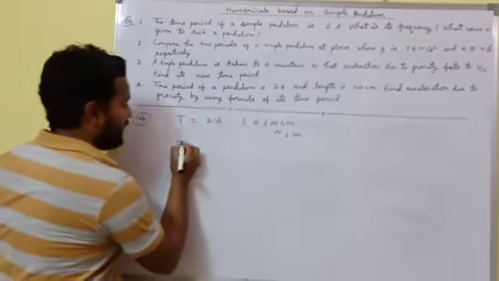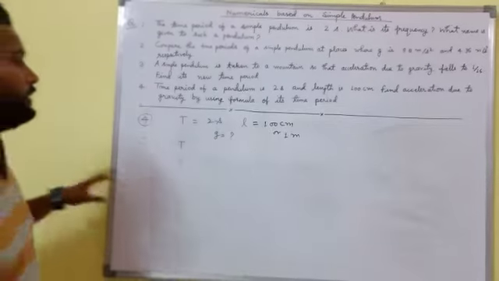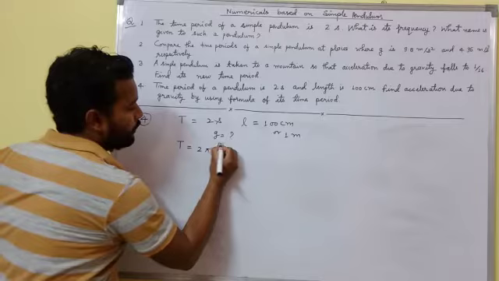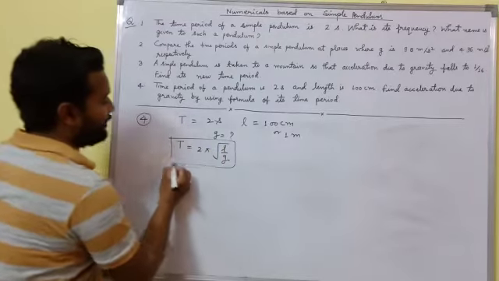So write down, we have to find the value of g. Write down the formula T equals 2 pi root L by g. This is the expression for time period.